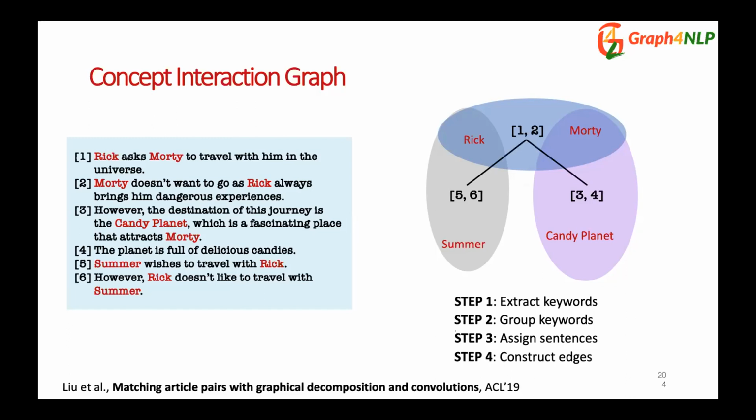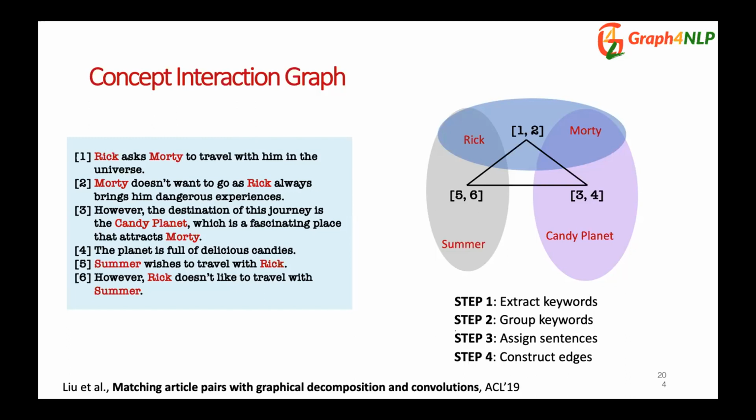Finally, we construct a weighted edge. Basically, we concatenate the sentences over each keyword cluster node and calculate the TF similarity. If the similarity is above a threshold, we keep this weighted edge. So this is the constructed concept interaction graph.